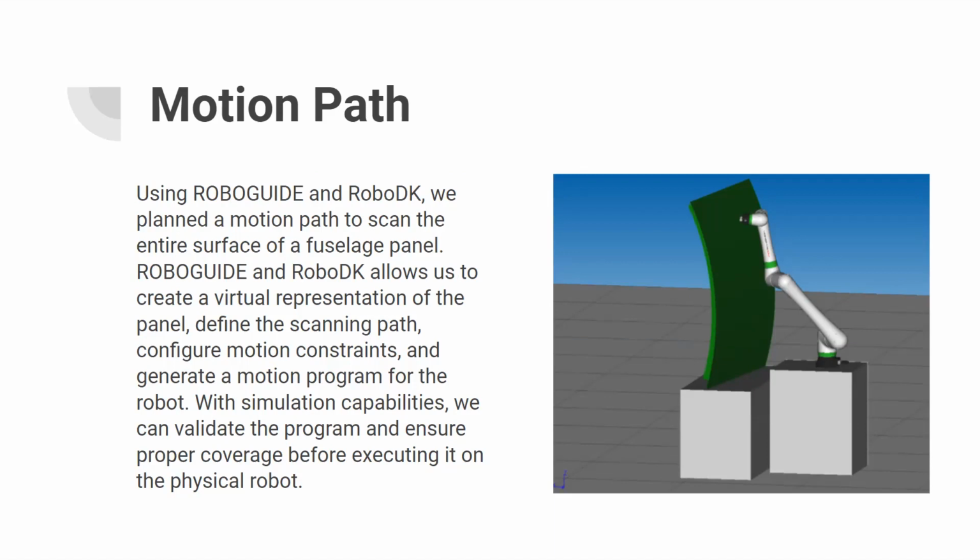RoboGuide and RoboDK in general allow us to create a digital twin of the real workspace, define the scanning paths, configure motion constraints such as collision avoidance, and generate a motion program to upload to the robot and deploy in the real situation. Before that, we also need to simulate it and test it for safety and other requirements. The next slide, please.